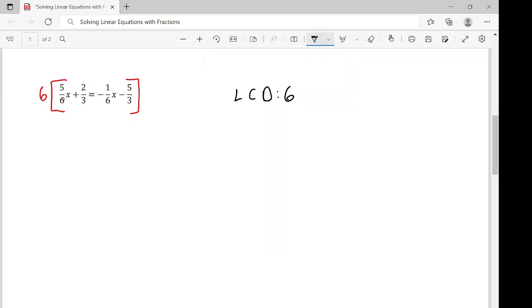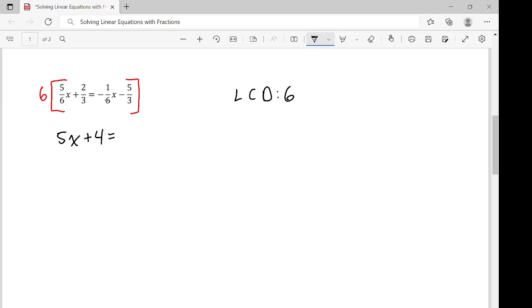Here, 6 is going to cancel out with 6, leaving me only with a 5, so I will have 5x. 3 will go into 6 2 times, so there's a 2 here, and 2 times 2 is going to give me 4.